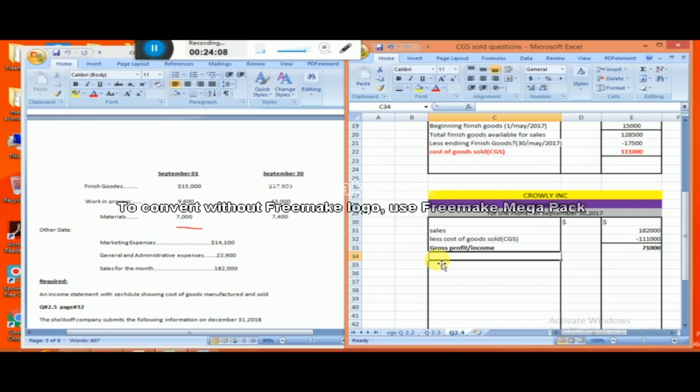Now from gross profit, we will subtract the expenses. Marketing expenses and general and admin expenses are also called commercial expenses. So we will subtract, less commercial expenses.